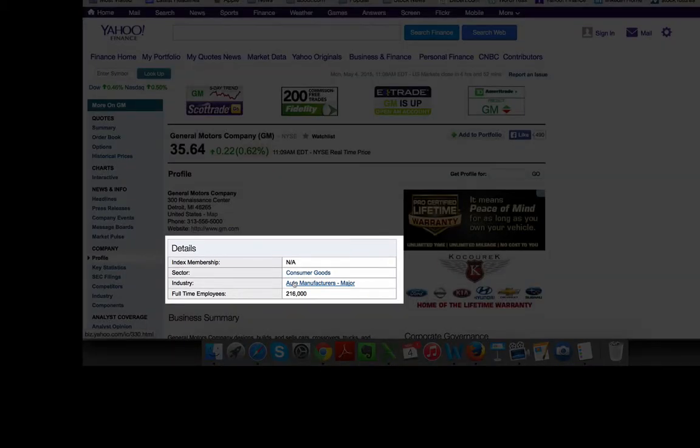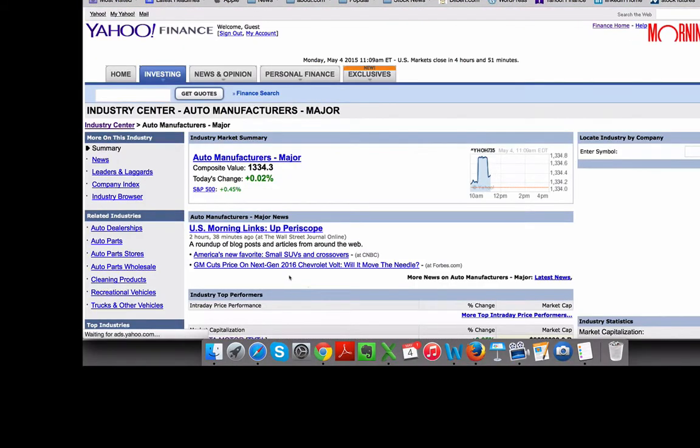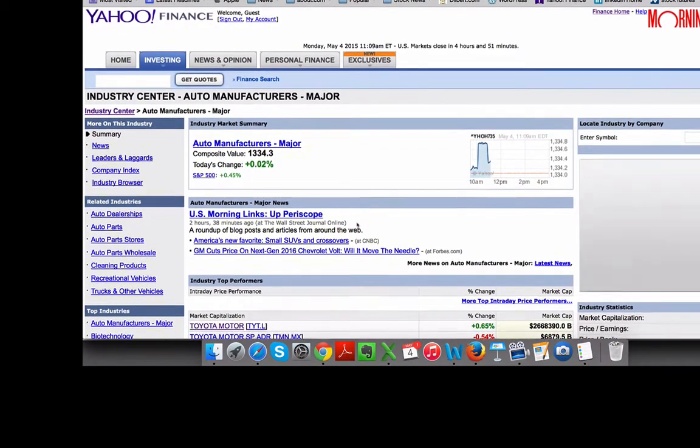Another site may do it even another way. The only thing that you need to be consistent about is that if you're comparing a stock in Yahoo Finance, you use the sector and industry breakdown that they use so that you make sure you're getting an apples-to-apples comparison. So we'll click on the auto manufacturers major, and that brings us to a summary page for that industry.